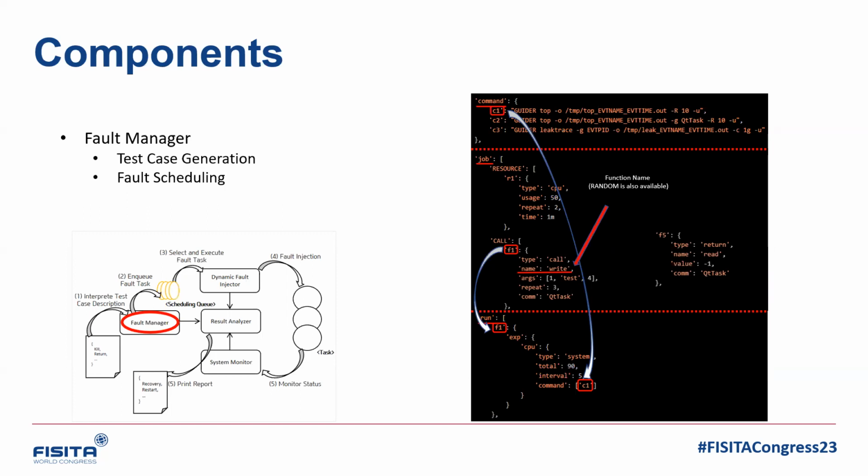The command section details the exact command to insert the actual defect. In the job part, the specific information about the fault to be actually inserted is described. For example, it describes the name of the target function or task, the function's parameters, and the number of iterations.